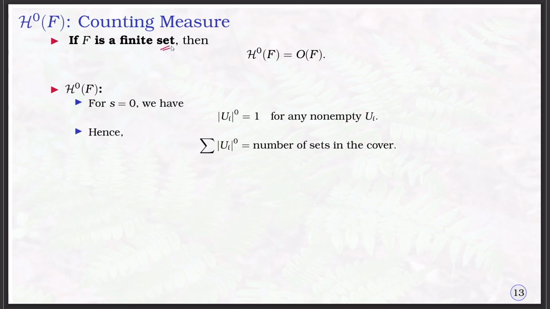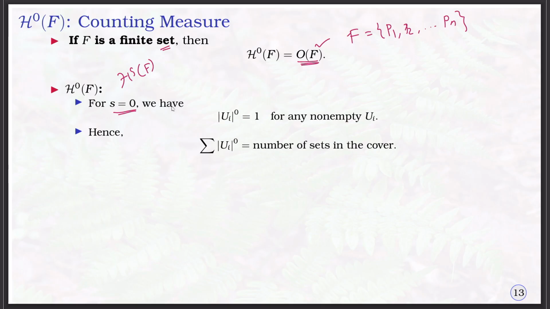If F is a finite set, for example F is a finite set in R power n with elements P1, P2 up to Pn, then H0 of F gives the number of elements in F, the cardinality of F. For H0 of F we need to take s as 0. For s equal to 0, in the summation, mu i power 0 is equal to 1.